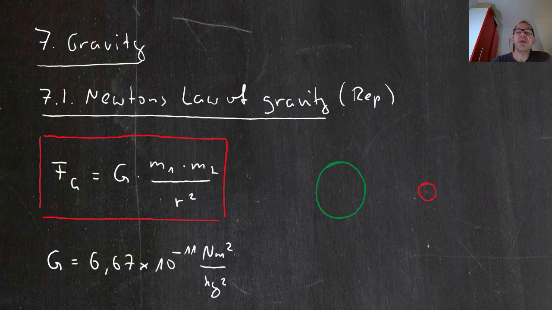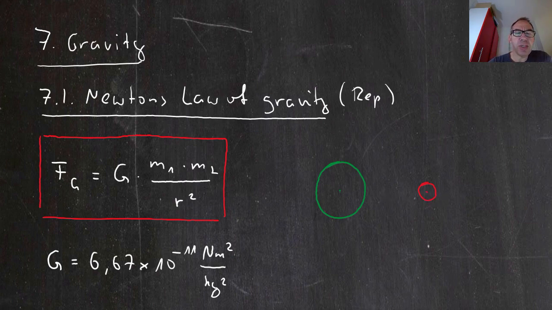You are familiar with Newton's first three laws, and Newton's law of gravity is sometimes also referred to as his fourth law. It just describes what two objects are doing with each other. Well, they attract. So it can be the Earth maybe, and an apple, or whatever you want it to be.